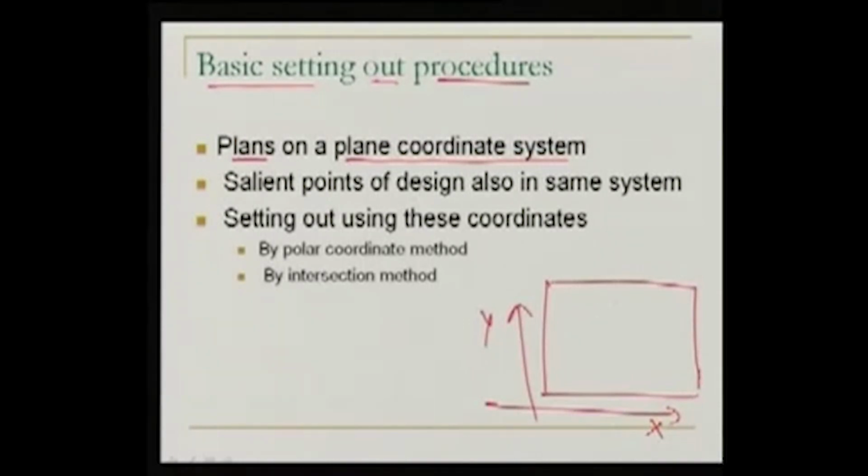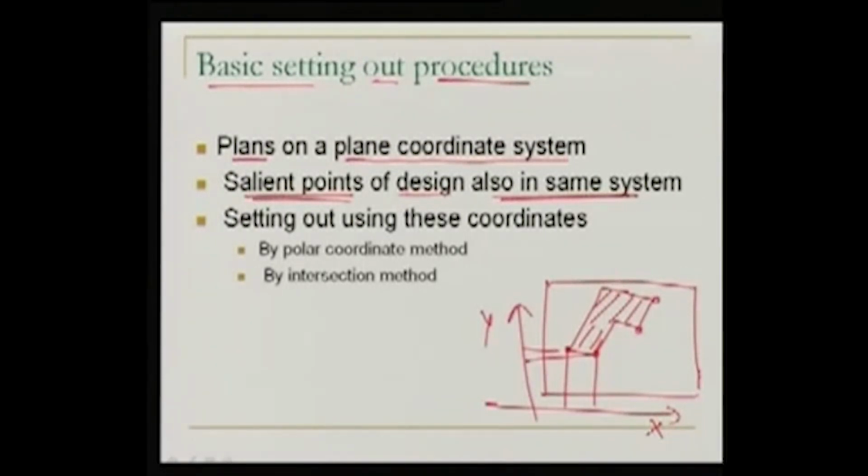Now on that map, we have designed a particular building. For example, this is the building, let us say. So salient points of design are also in the same system. Salient points means those points which I can make use of in order to locate this building.